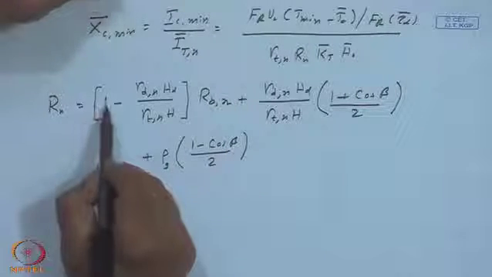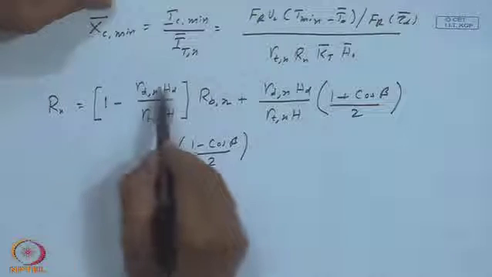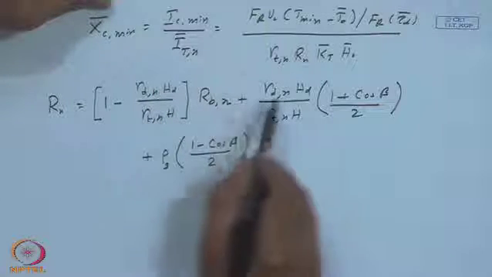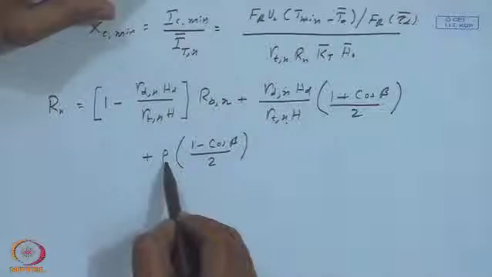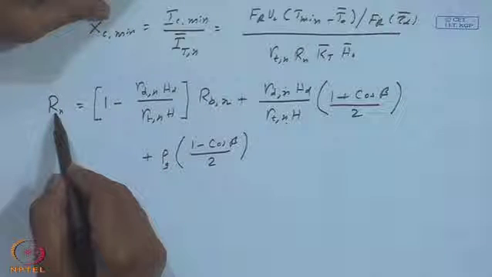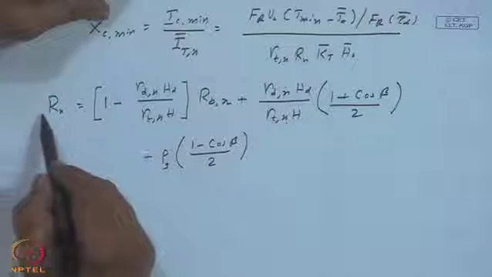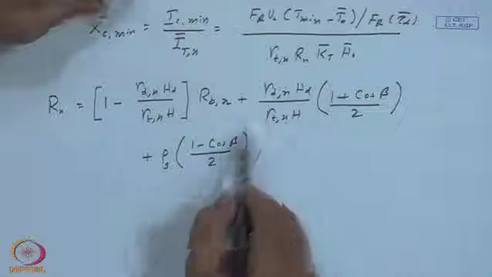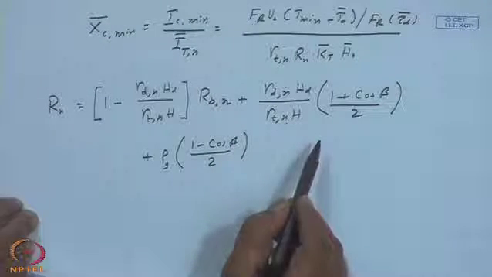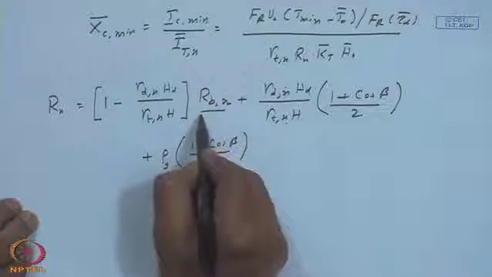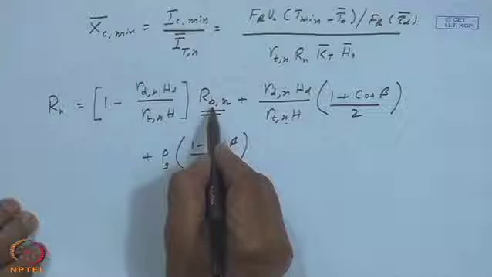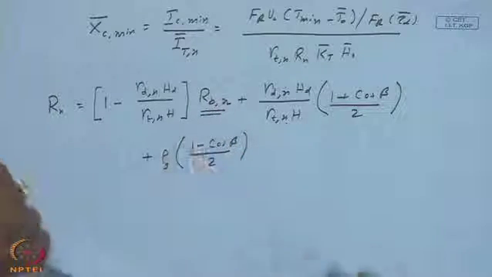So, once again this is nothing but 1 minus Id by I; this Id by I is absorbed in Rn because we equate Rn into In is equal to this much and divide throughout. This is the noontime tilt factor for the direct radiation, Rb at noon.